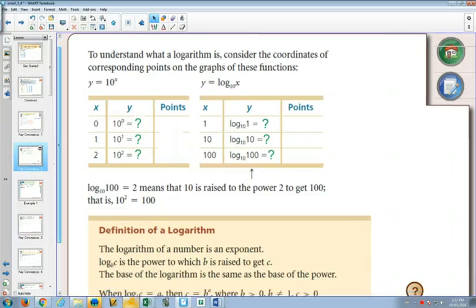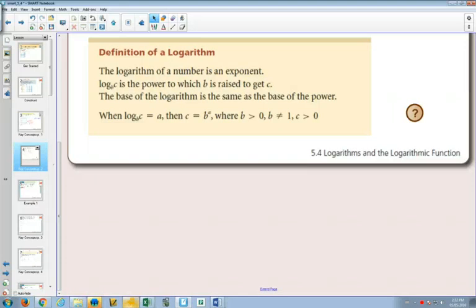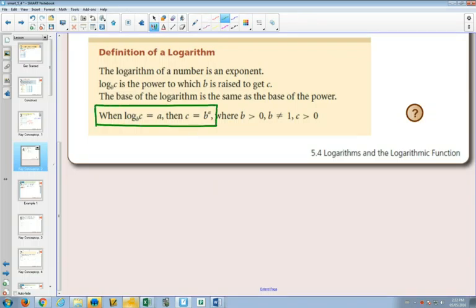At the bottom of the page, we have our definition of a logarithm. This is the important part of your definition of a logarithm, and we're going to do it with the example that we had before.